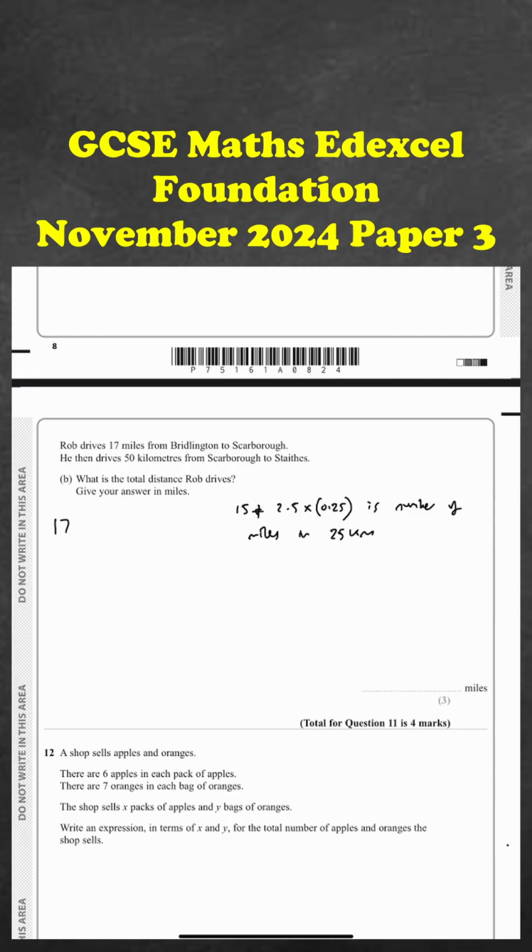So 2.5 times 0.25 is just 0.625. So 15.625 is 25 kilometres in miles. Therefore, we double it, which is 31.25 is 50 kilometres in miles.